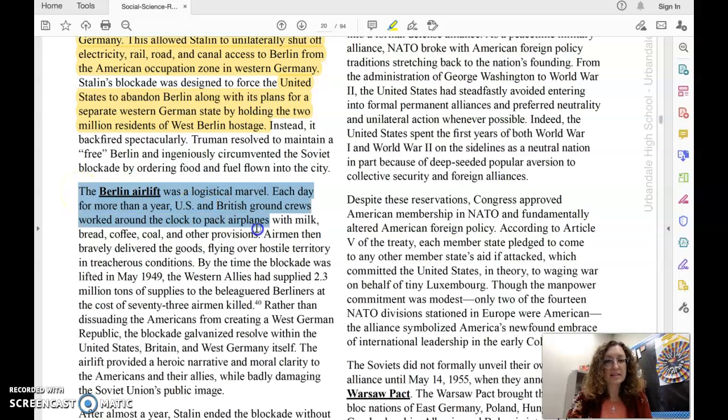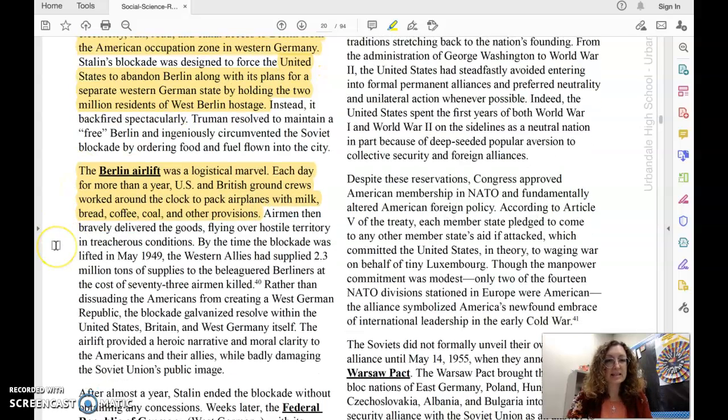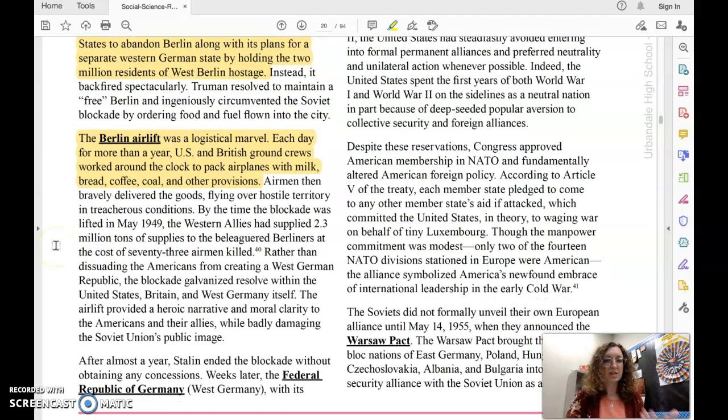It actually blows up in his face because the United States and Britain do what's called the Berlin Airlift, and they drop supplies into Western Berlin for a year, more than a year.